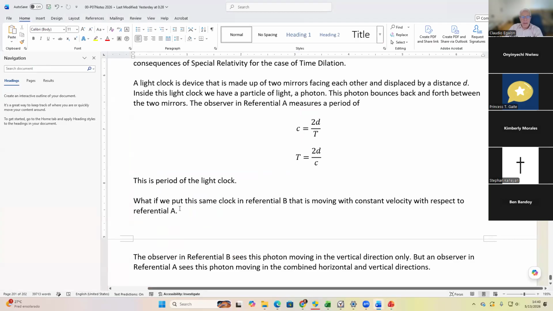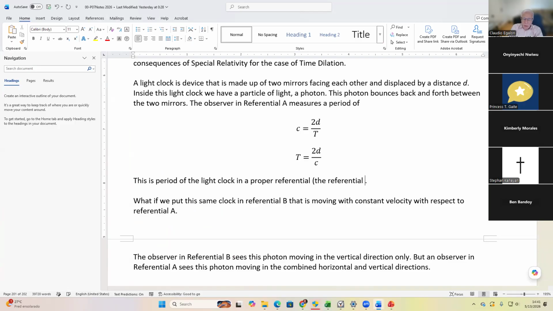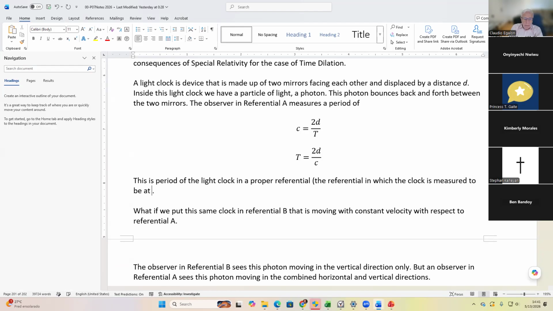This is the period of the light clock in a proper referential. And by proper referential we mean the referential in which the clock is measured to be at rest.